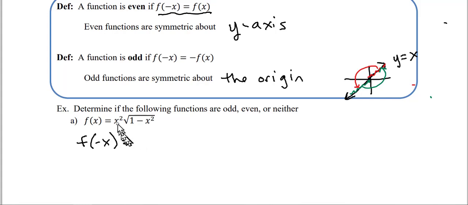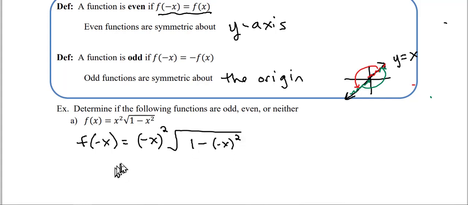That means everywhere in this function that you see an x, you replace it with negative x. And then simplify, and if that simplifies down to the original function, it's even. If it simplifies down to the opposite of the original function, it's odd. If it doesn't do either of those, it's neither. Many, many, many functions are neither, so don't assume you have to get even or odd.